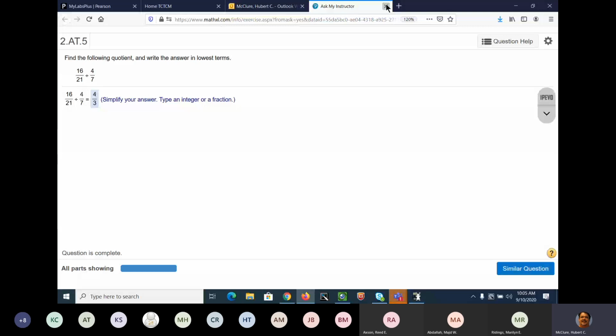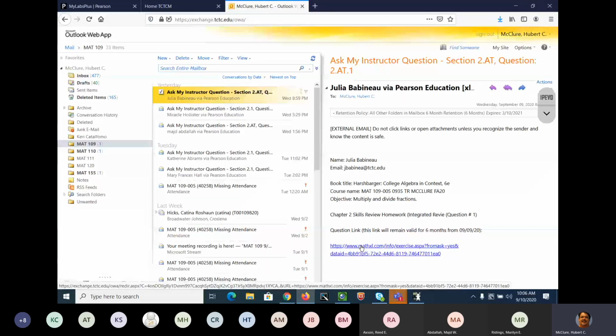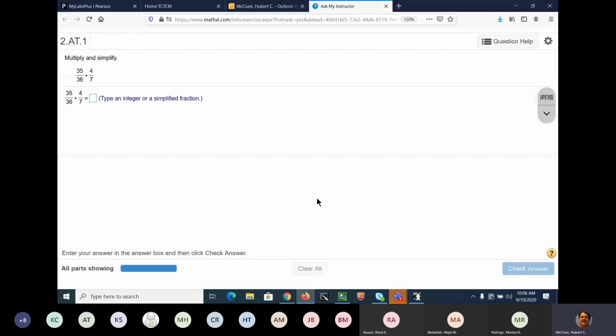Number 1 on the homework of the skills review. 2AT1, number 1. Again, there's our multiplication. So this one you can do.